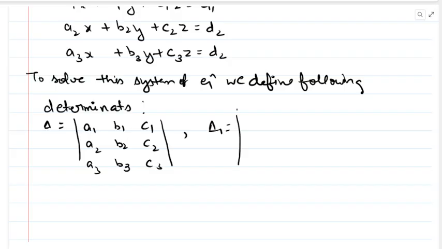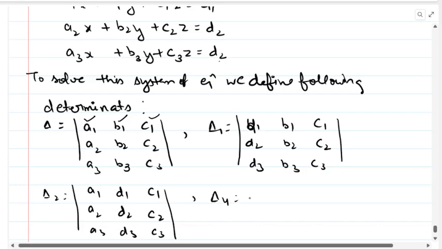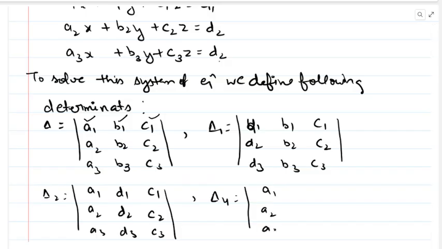For del 1, we remove the first column, and in place of the first column the d column comes in; in del 2 the second column is replaced, and in del 3 the third column is replaced by the d column. So del 1 is equal to d1 d2 d3, b1 b2 b3, c1 c2 c3. Okay. Similarly del 2 is equal to a1 a2 a3, d1 d2 d3, c1 c2 c3, and similarly del 3 is equal to a1 a2 a3, b1 b2 b3, d1 d2 d3. Okay.